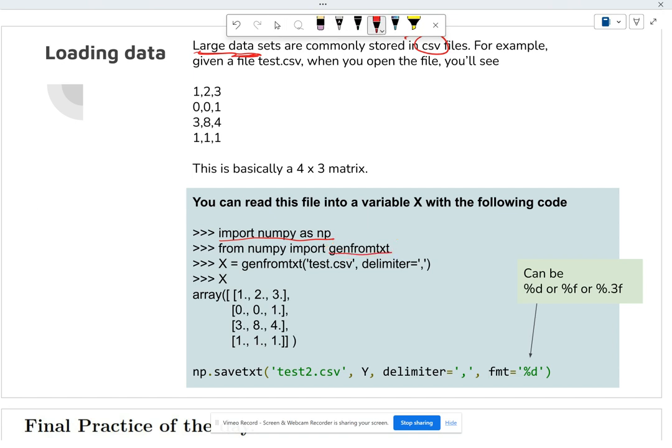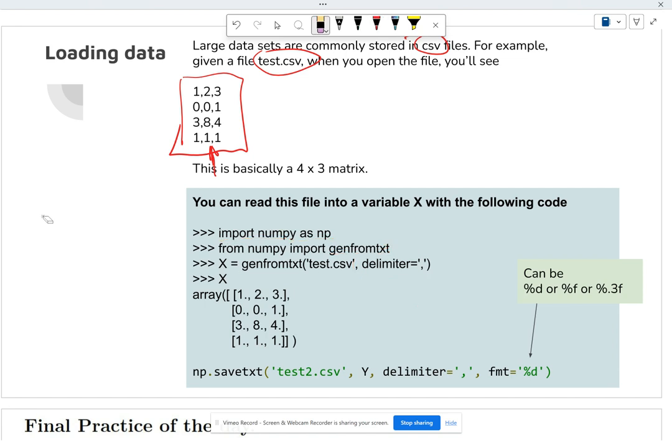Once you have this command, you can call it and load test.csv. So right here is test.csv. This is the file. When you open the text file, that's what you see. And you can designate the delimiter, which is comma.